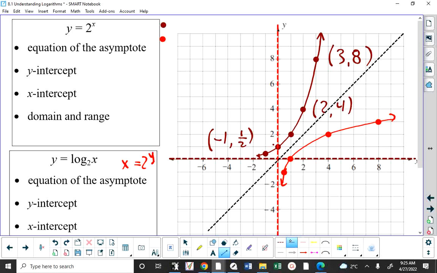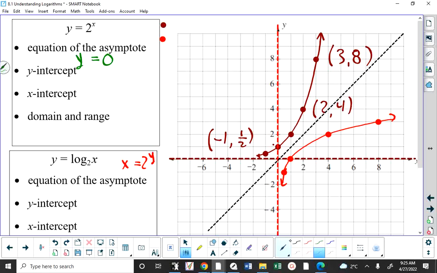Okay. So now we need to write out the information for these functions. Well, this first box for the information about the graph of the function y equals 2 to the x is from the first lesson in this unit. This is nothing new. We look at the brown graph, what I've drawn in brown, and we say the equation of the asymptote is the x-axis, which is y equals 0. I'm not using green for any particular color other than that's what I happen to choose.